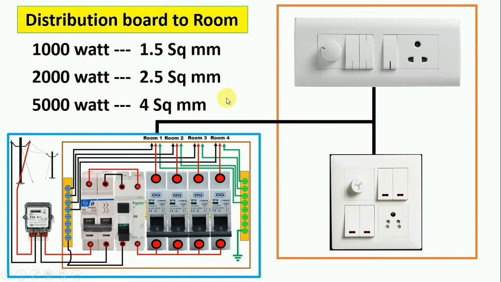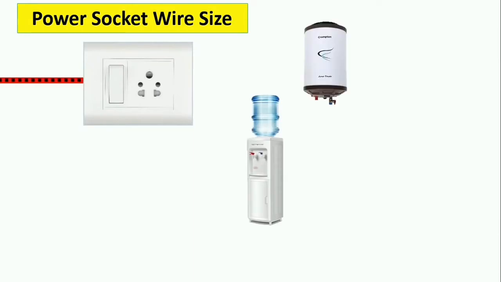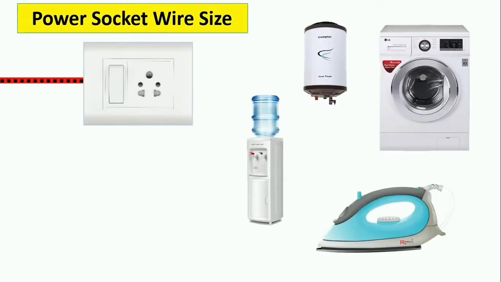Around 2000 watts, you use 2.5 mm. And around 5000 watts, you use 4.5 mm. 5000 watts is usually used for AC appliances. That's why you use 4 mm, because most AC appliances are within the range of 5000 and above. So you use that 4 mm for AC-based appliances, socket outlets for AC.